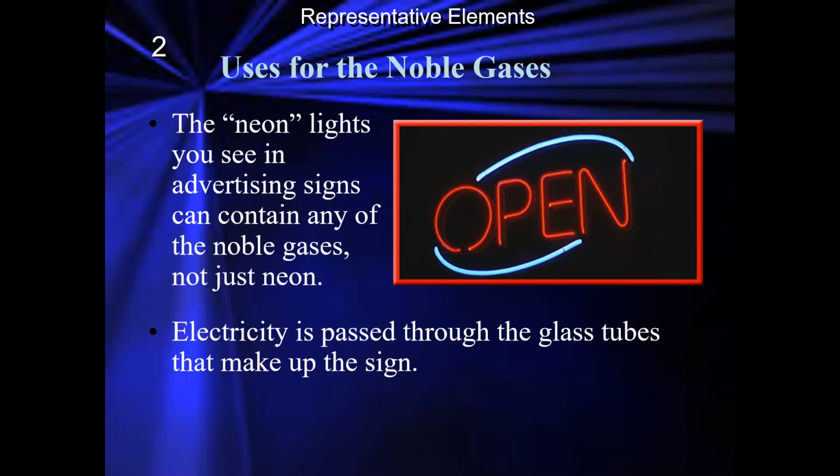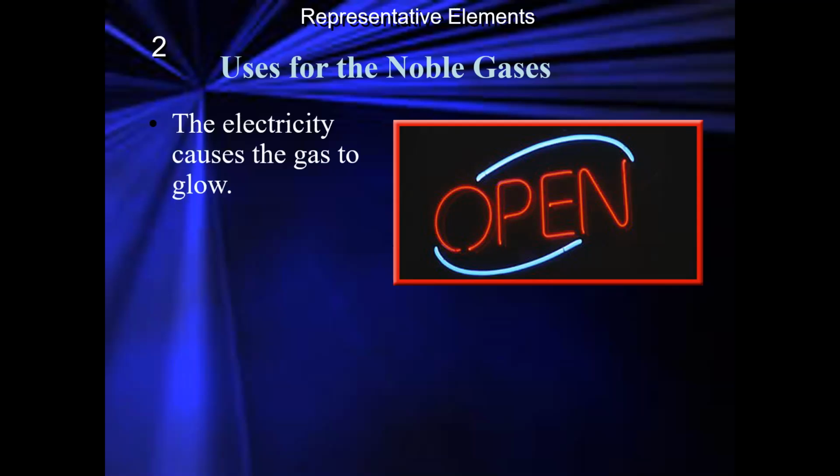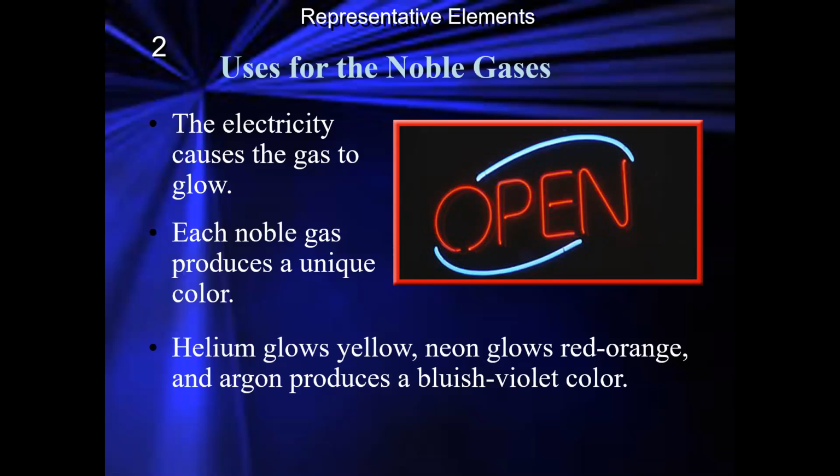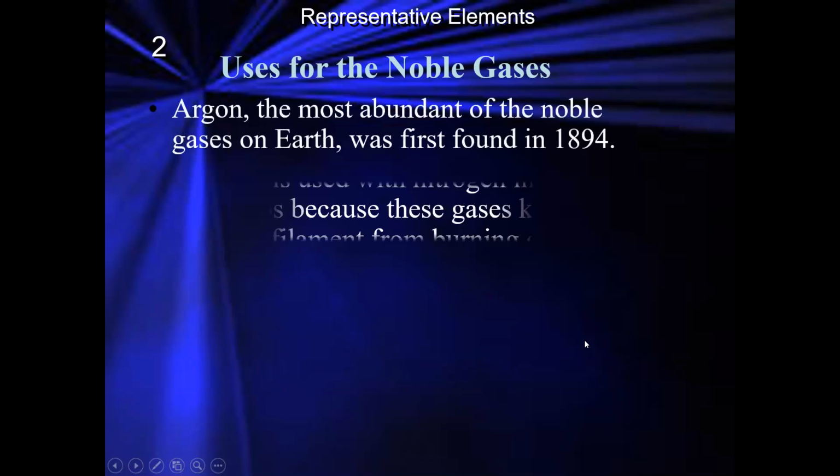As you can see, these two are of different colors, so two different kinds of noble gases are filled in these glass tubes. Each noble gas produces a unique color, and the electricity causes the gas to glow. Helium glows with a yellow color, neon glows with a red orange color, and argon produces a bluish violet color.